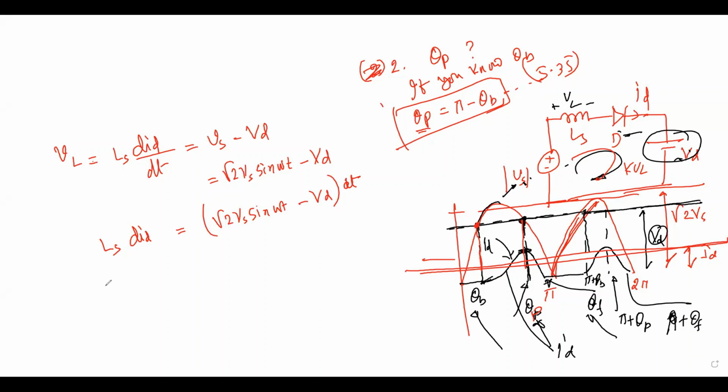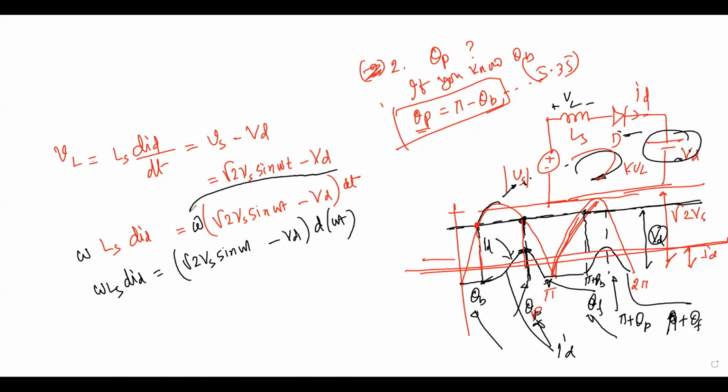Yes, sir. Then multiply both sides by omega. Then omega Ls diD will be root 2 Vs sine of omega t minus Vd. You can put it inside this one. Is it okay?